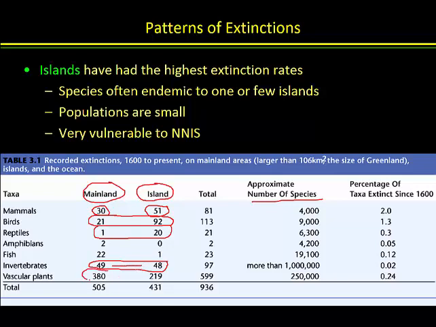And I would say the same for all of these numbers, like the vascular plants. One exception, of course, are the fishes. Freshwater fishes don't make it out to islands very easily or often, sometimes not ever at all. And so there have been very few fish populations going extinct on islands.